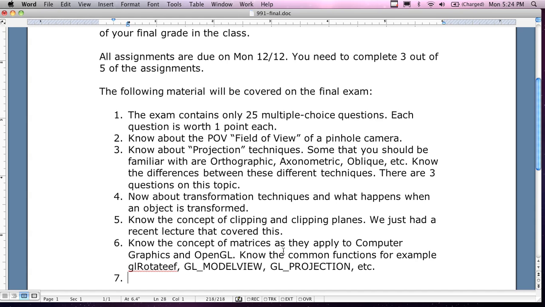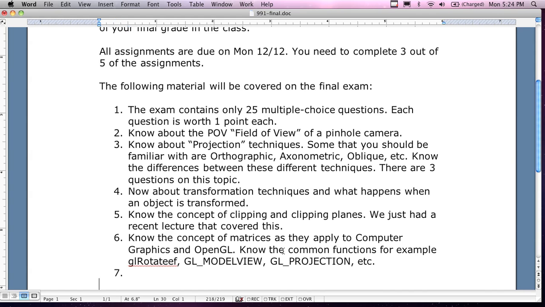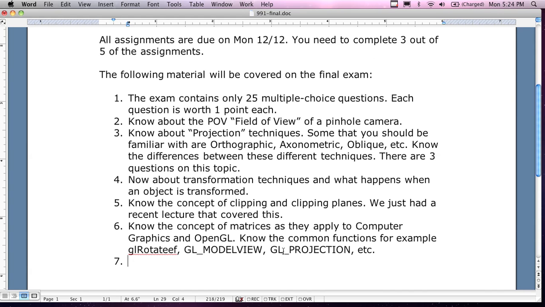This could go out, that's all right, I'll just leave that alone. I think I've spelled it correctly. But the matrices and the matrix concept, essentially, and those functions that are supported. There are 1, 2, 3 questions on that.